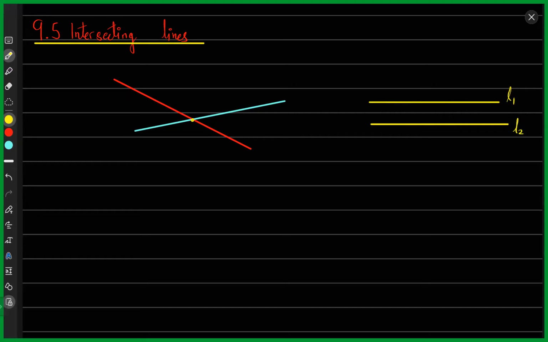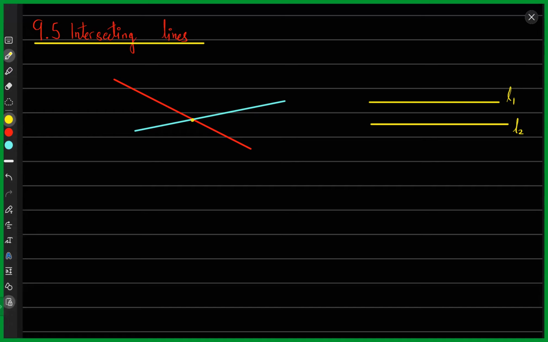So if, by looking at two equations in vector form, you see that their direction vectors are scalar multiples of each other, you need to understand that the lines are parallel, and if two lines are parallel, they cannot intersect. Okay.